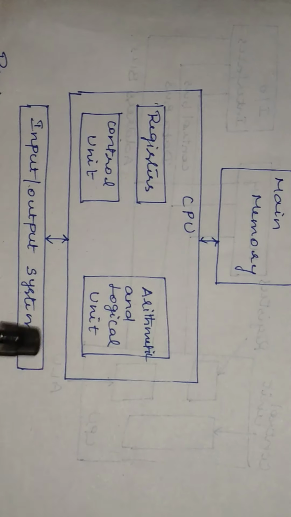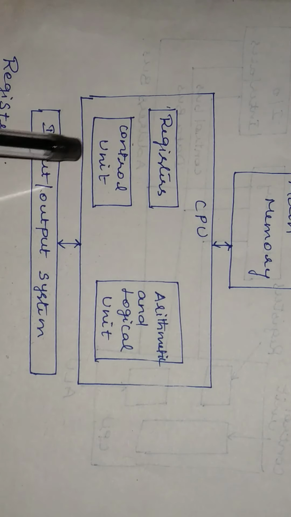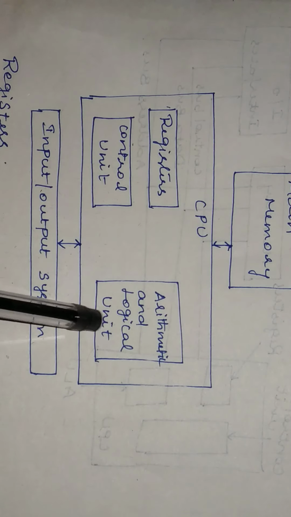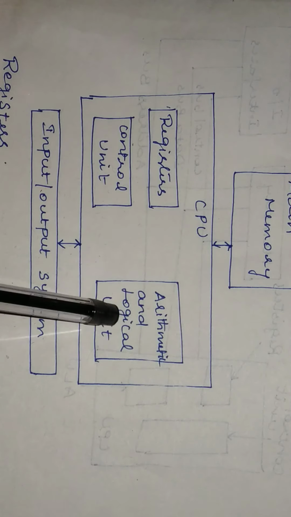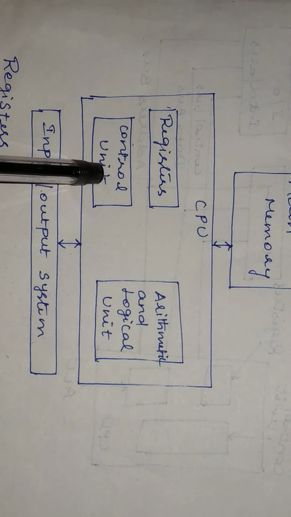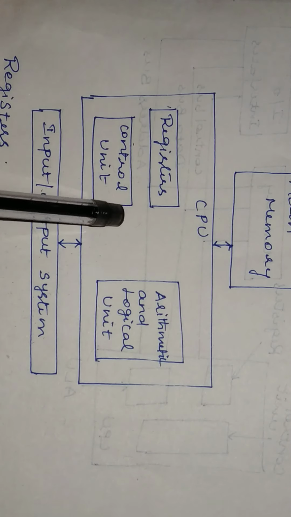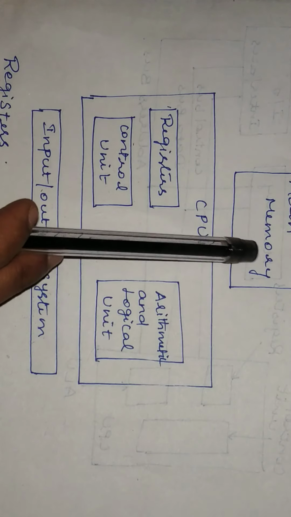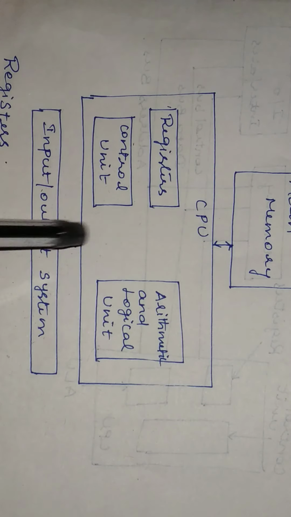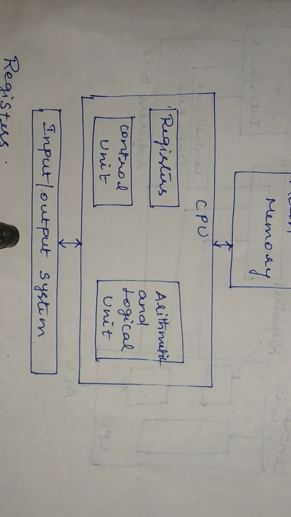The CPU consists of three units: registers, the control unit, and the ALU, that is the arithmetic and logic unit. What is the control unit? The control unit provides the timing signals and control signals to the other components of this basic computer, that is the main memory and the input output system.